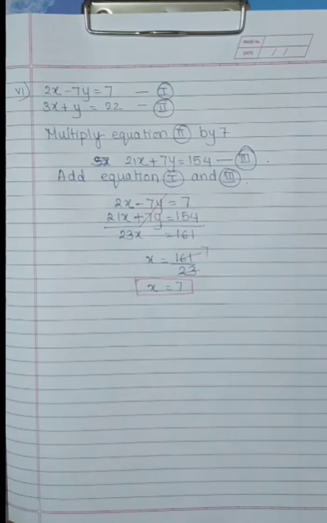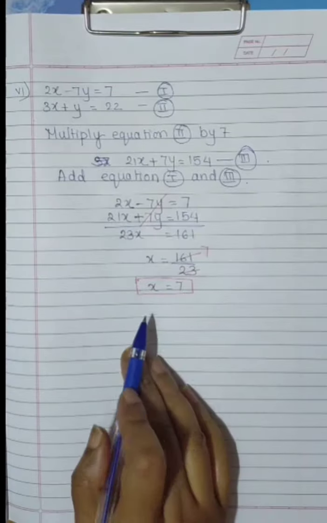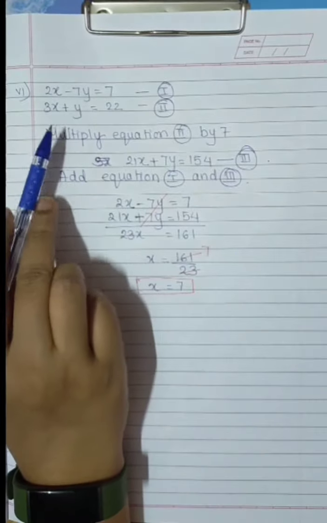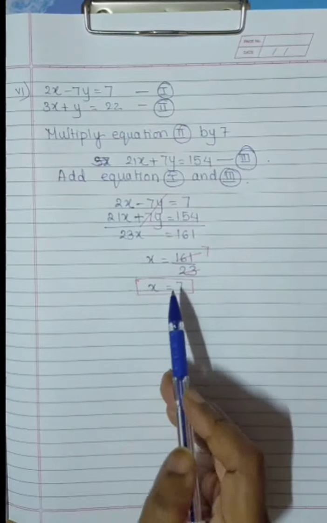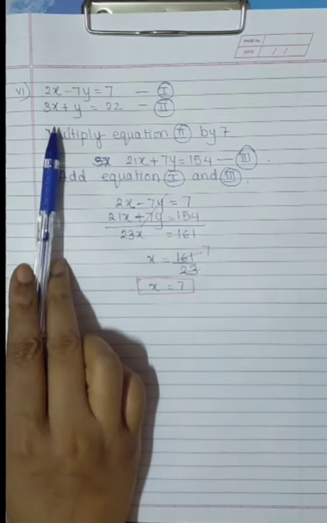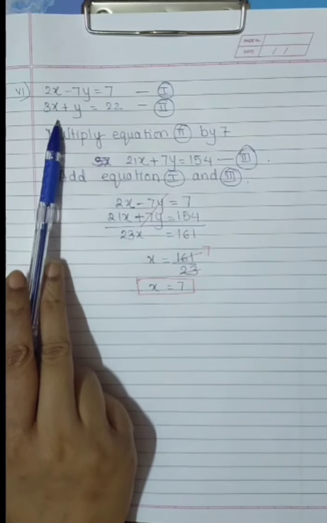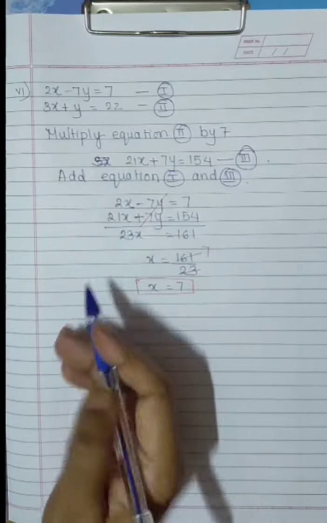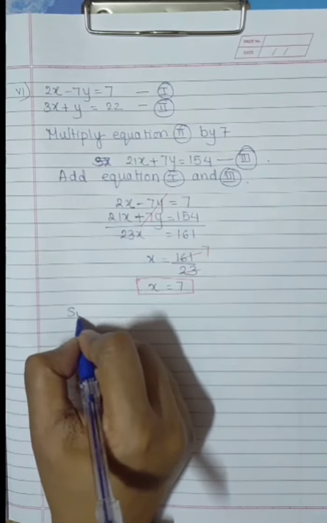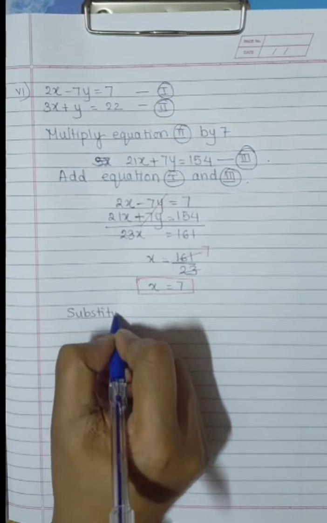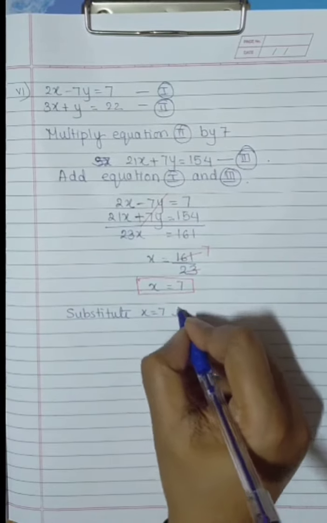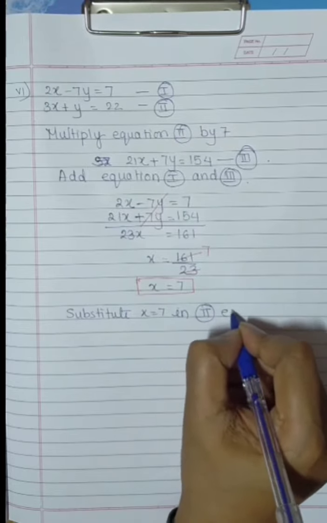Next step is we have to substitute this x in one of the equations to get the value of y. Whenever you do such a thing, remember to use the equation which has a positive sign. So I am writing, substitute x is equal to 7 in the second equation.